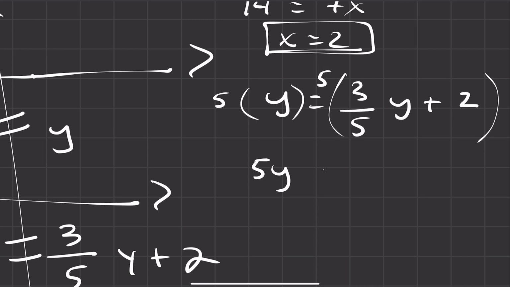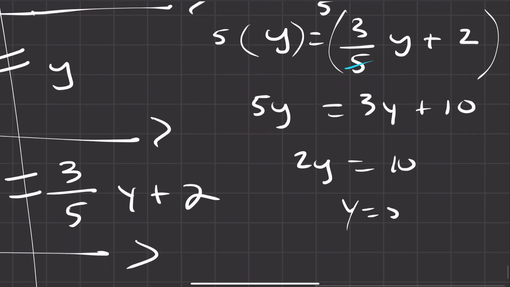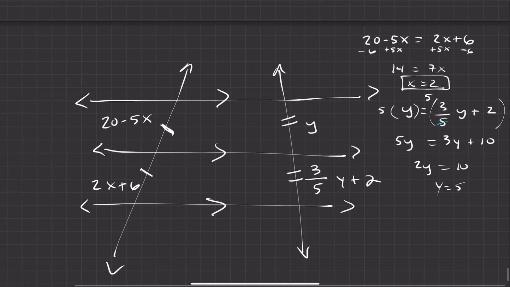So I have 5y equals, so these 5's cancel, 3y plus 5 times 2, so that's 10, and then I get 2y equals 10, y is equal to 5, okay, and that's your answer.